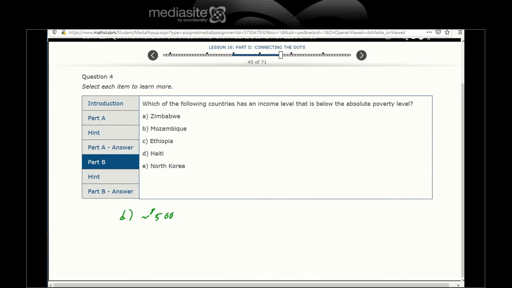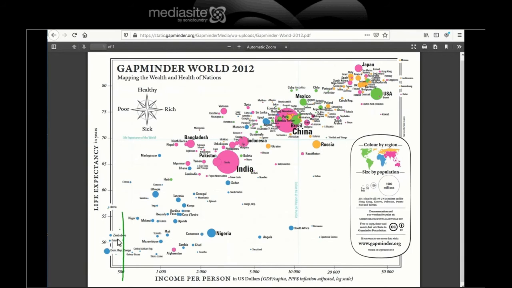One of these two, wasn't it? Zimbabwe. Where's Mozambique at? There's Mozambique. Speaking of North Korea, oh, North Korea falls. Wow, Bangladesh has almost as big a population as Pakistan. There's North Korea. Zimbabwe.